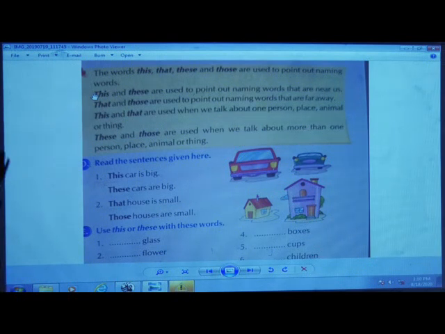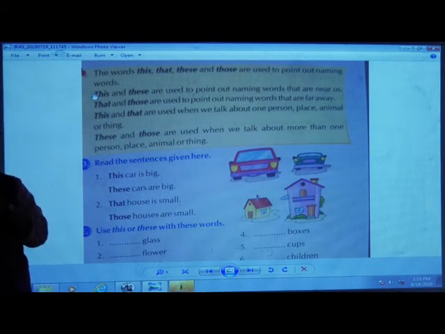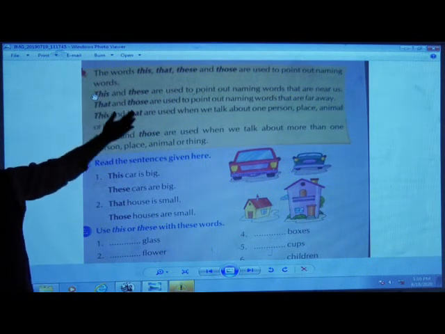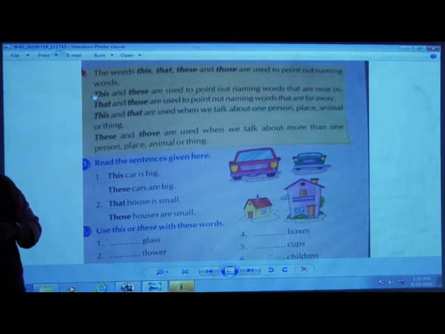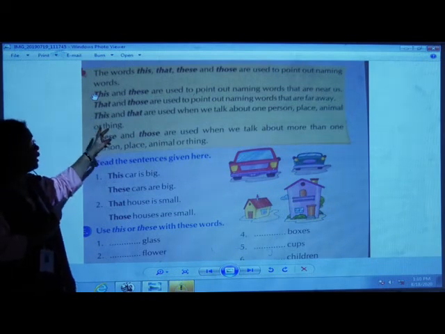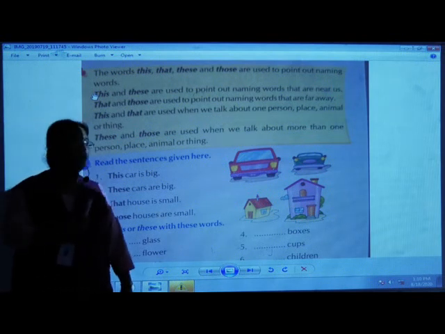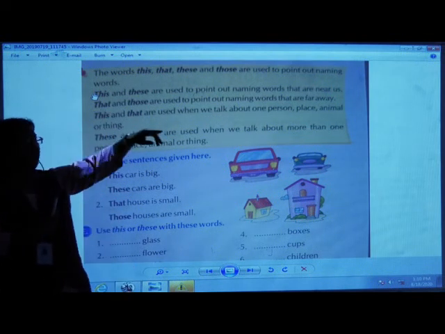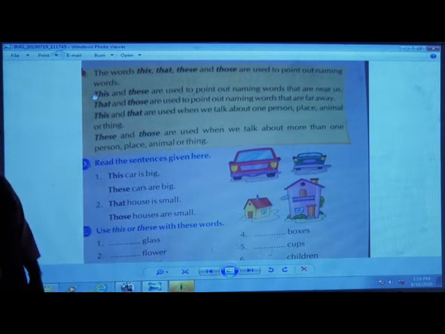So when the naming words are very close to us, we say this or these. When it is very far, we say that or those. For example, this pen is close to me, so it is this pen. Then that window is far from me, so it is that window.